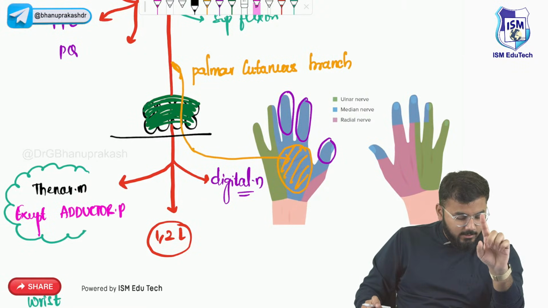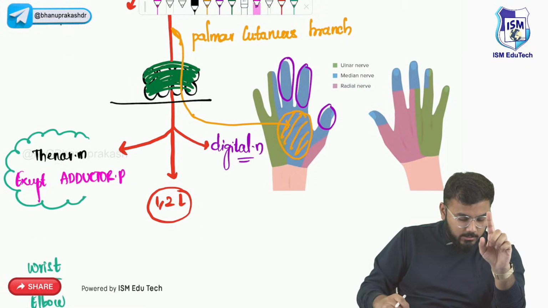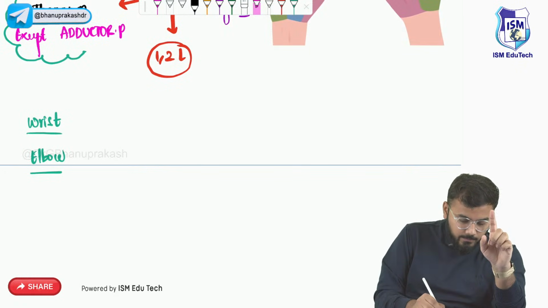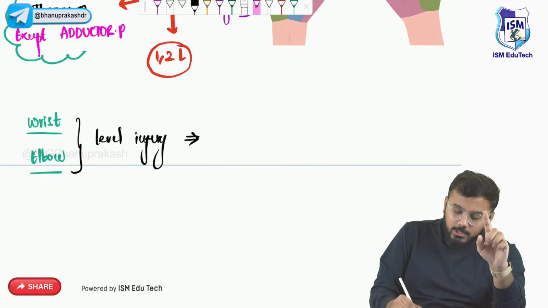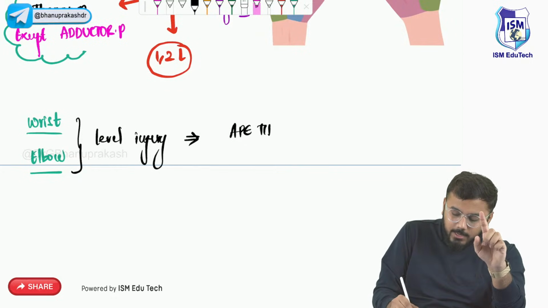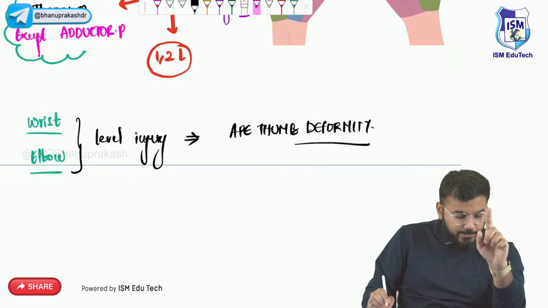You understood this thing before I move on to the next? Yeah? Very good. In both these level injuries, you will have ape thumb deformity.